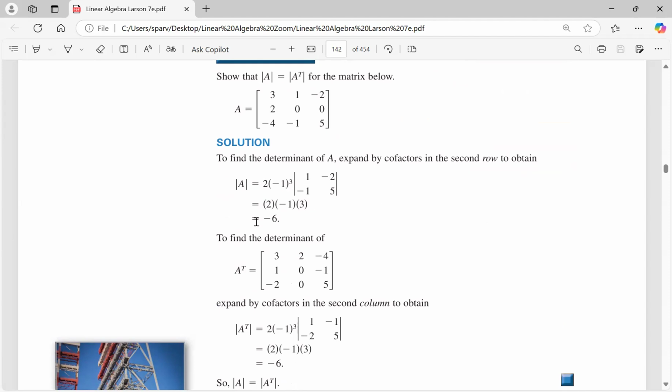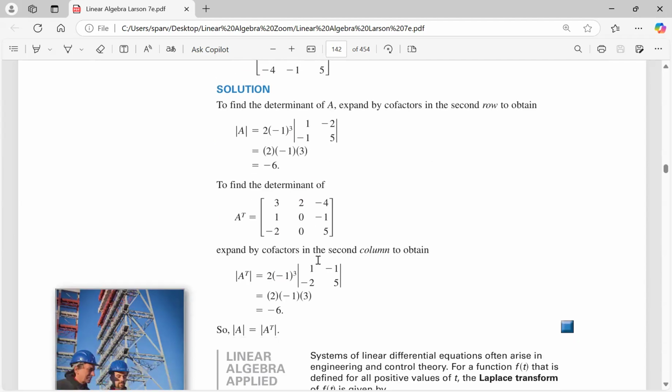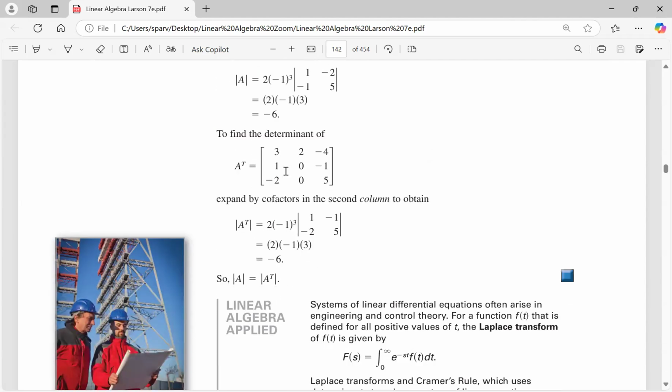Now, the transpose of A, remember, is when you turn the rows into columns. So 3, 1, -2 becomes a column, and the second row, 2, 0, 0, becomes the second column. Then he finds the determinant of this matrix, and lo and behold, you see that 2, -1, 3 happens down here too. So we get exactly the same thing.